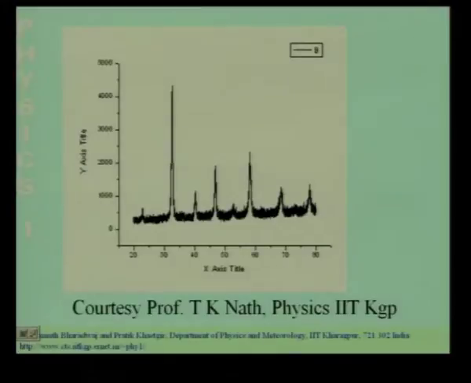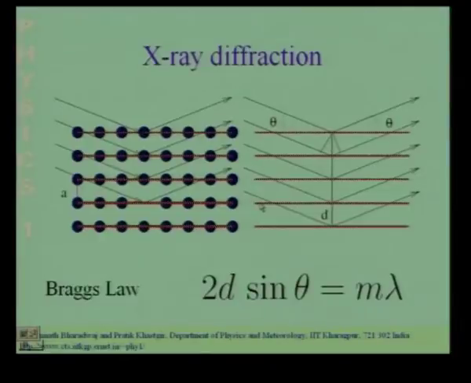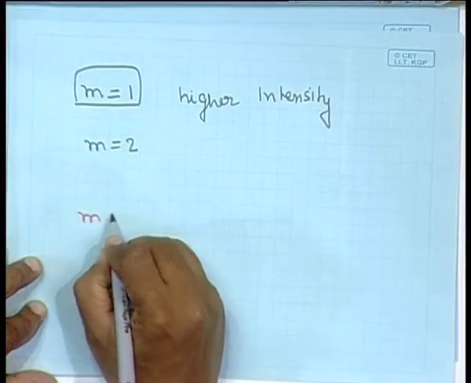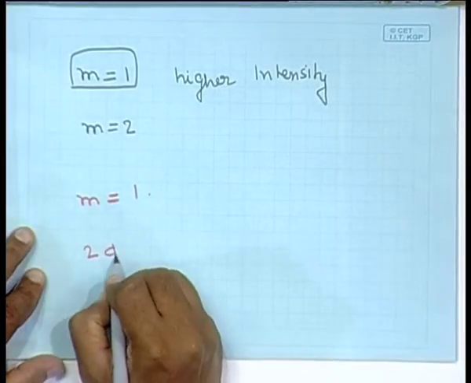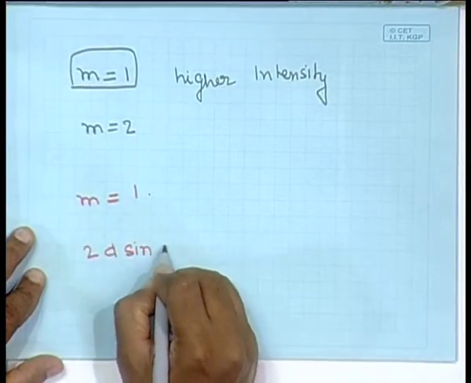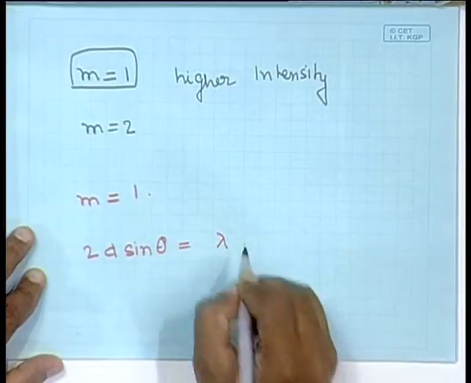Experience with X-ray tells us that you are going to see mainly the first order maximum, and you can interpret all of these lines as being due to it. So, we are going to restrict our attention to m equal to 1. The condition for maxima is 2d sin theta is equal to lambda.